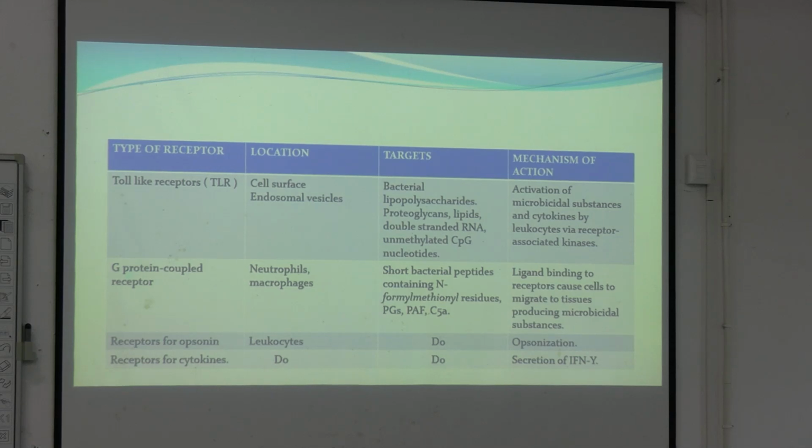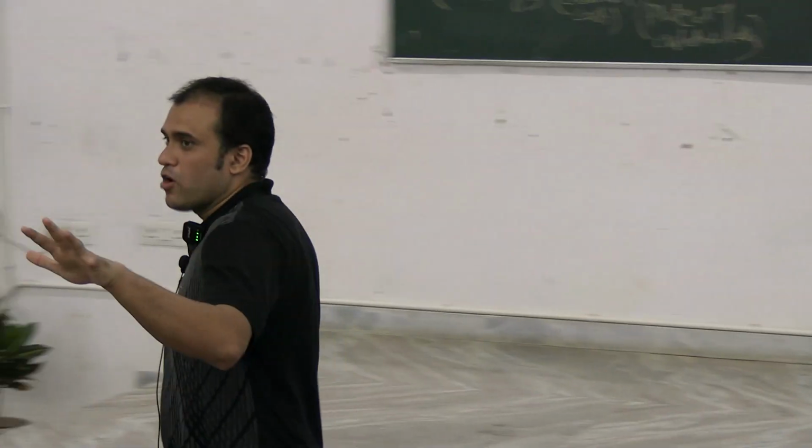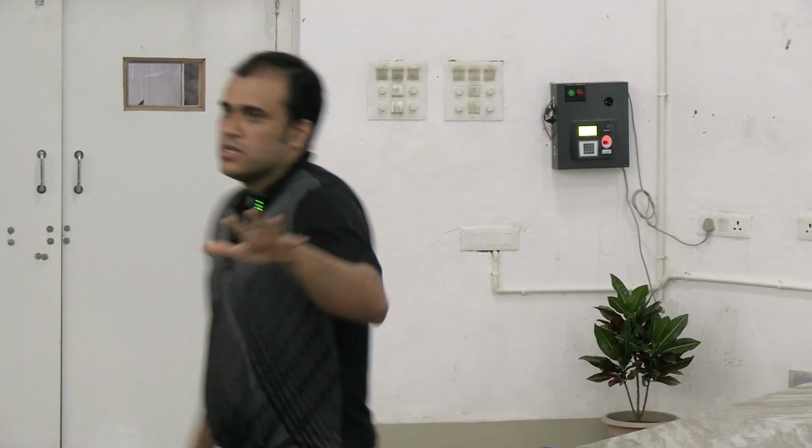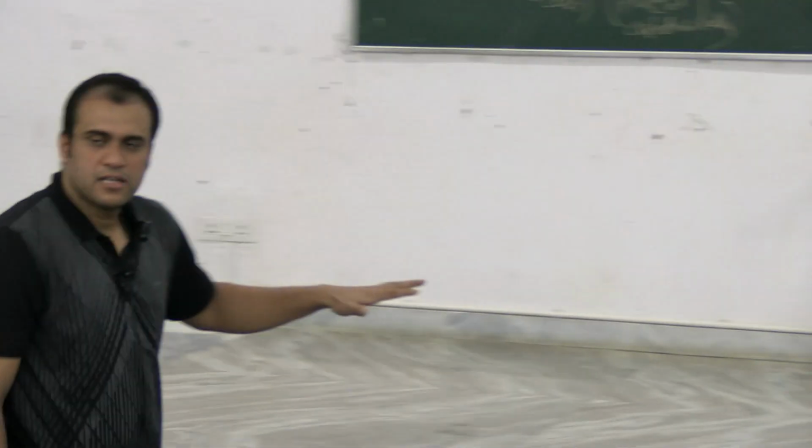Bacteria এর মধ্যে lipopolysaccharides আছে, and these receptors are specific for bacterial lipopolysaccharides, proteoglycans, lipids, double-stranded RNA. Double-stranded RNA is present in some viruses, CpG nucleotides, etc. So toll-like receptors which are present on leukocytes, they sense microbial products.